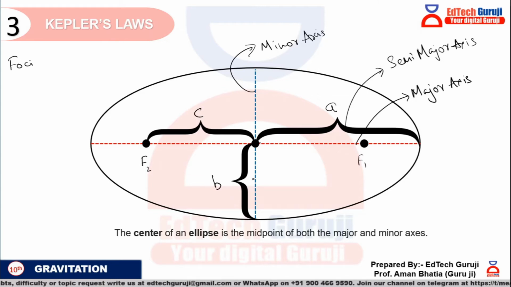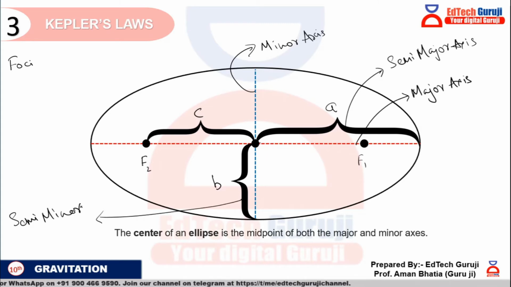B is half of the minor axis, so this is called the semi-minor axis. The semi-major axis is given by the variable small a, the semi-minor axis is given by small b, and the distance between the center and any of its foci, be it F1 or F2, is given as C.